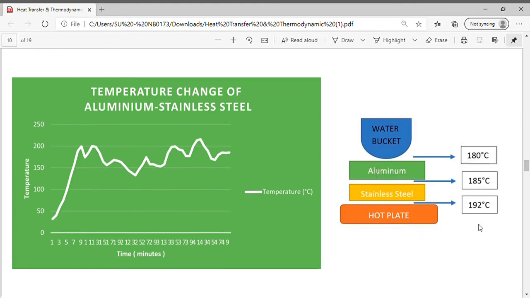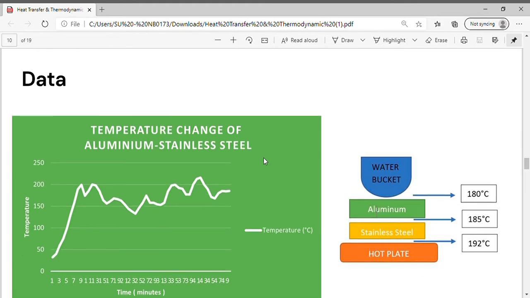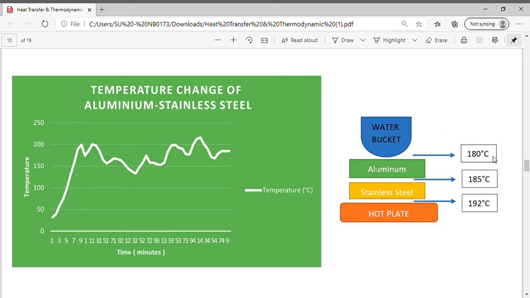So this is the data that I have obtained. It is for sandwich 1, the aluminum and stainless steel combination. After 50 minutes, I reached the steady state at location 2, which is 185 Celsius. And then I should take a record of the steady state temperature at locations 1 and 3 also.